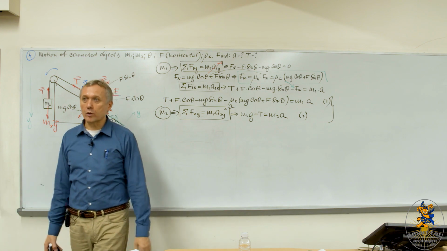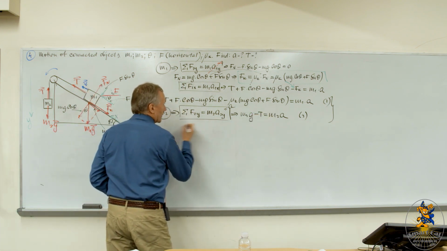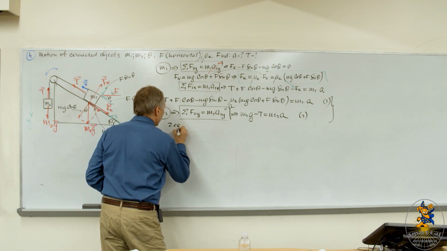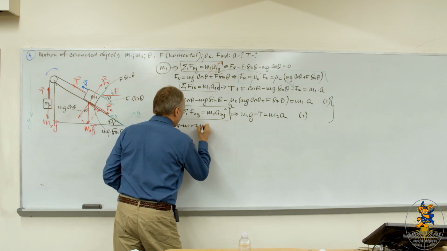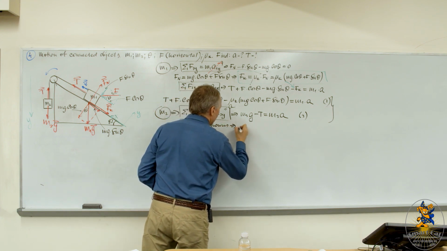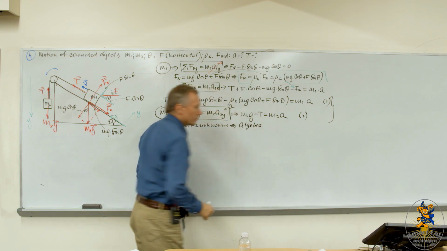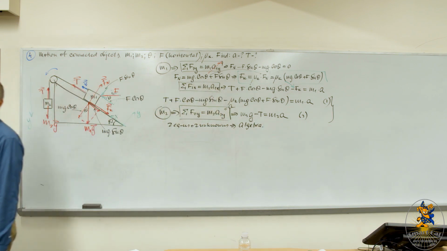So now we just need to solve for acceleration. So now let me write two equations plus two unknowns. So the rest is algebra. Physics, we applied all the physical ideas.